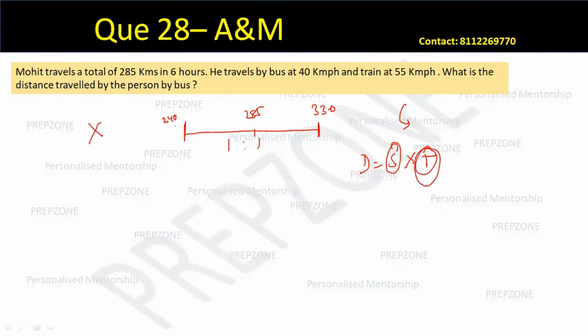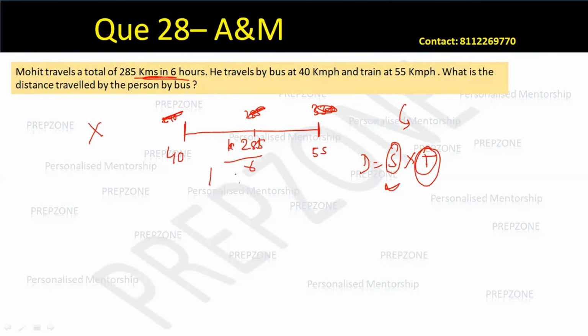Which means you cannot take distance here, because if you inverse it, you will get neither speed nor time. So you will have to start with speed, because speed is given to you. If it travels by bus, it is 40. If it travels by train, it is 55. And the actual speed is 285 by 6, 47.5.